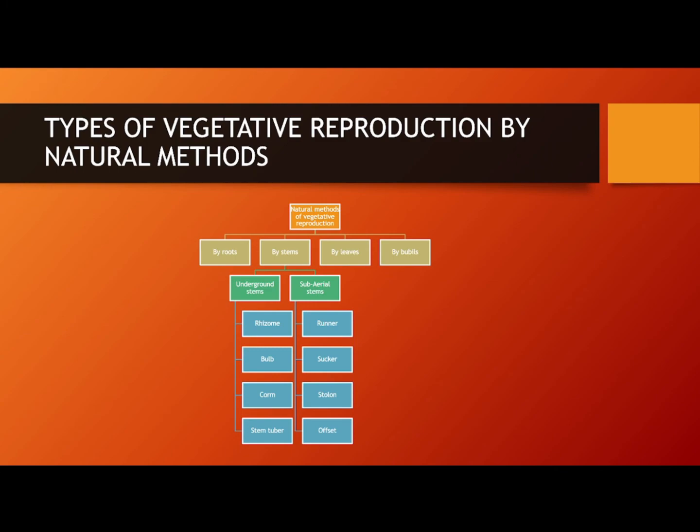Under underground stems we are going to see rhizome, bulb, corm and stem tuber. Under subaerial stems, runner, sucker, stolon and offset. These are all the subtypes and with examples we are going to see them in our later videos.